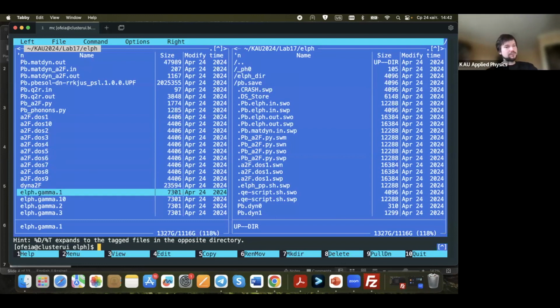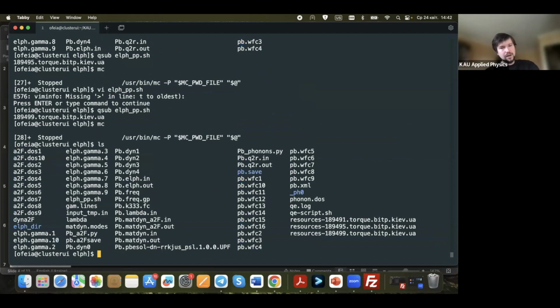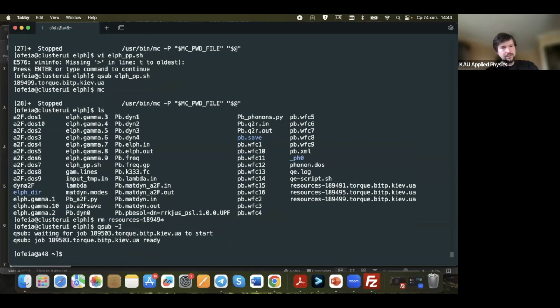And now we can make some plots. I'm moving to my folder, lab 17 and ELF.